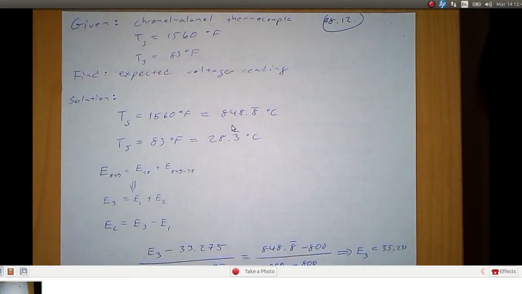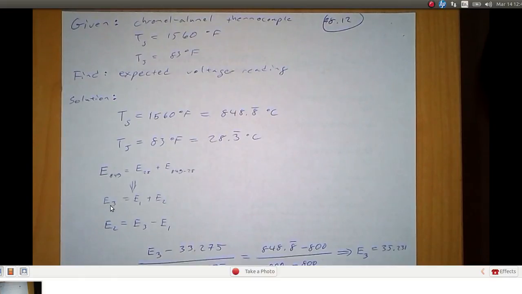Since the table in our textbook is in degrees C, we'll start by converting these temperatures to Celsius. And then we'll use this relationship that the voltage we would get if the junction was at 0 degrees C and the sensing junction was at 849 degrees C is equal to the sum of the voltages from 0 to 28 degrees and from 28 to 849 degrees.